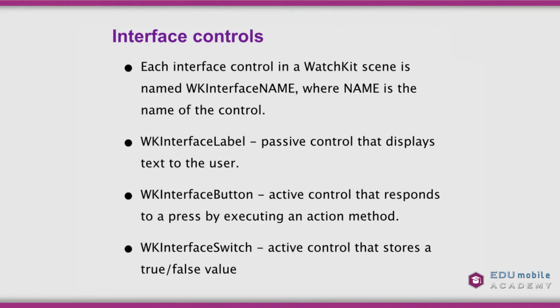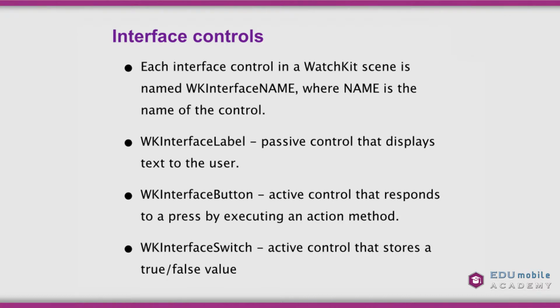So let's go on. Every control in a WatchKit scene is named WKInterface and then the name. So we have WKInterfaceLabel, WKInterfaceButton, WKInterfaceSwitch. Instead of these being named UILabel, UIButton, UISwitch, they're named WKInterfaceLabel, Button, Switch, and so forth. So a label is just what we expect.